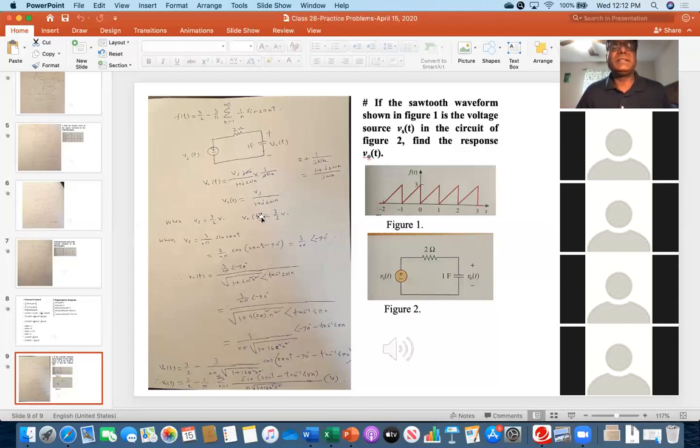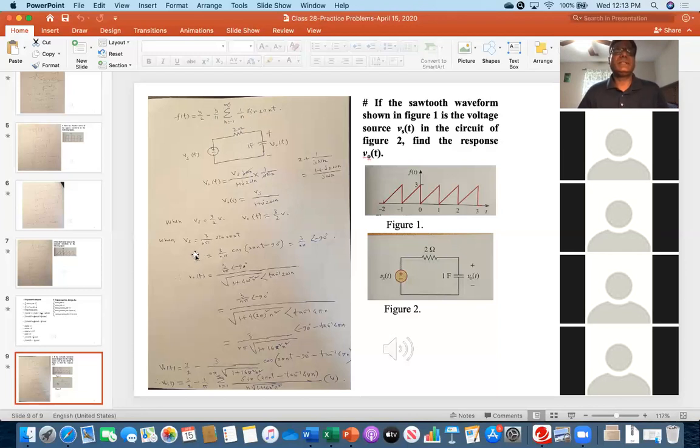The other way of understanding this is that if you apply 3 by 2 voltage here, which is DC, you all know for DC the capacitor is open circuited. So that voltage will appear here, and that's why it is simply 3 by 2. Now the Vs has a second component, 3 over n pi sine 2 pi nt.